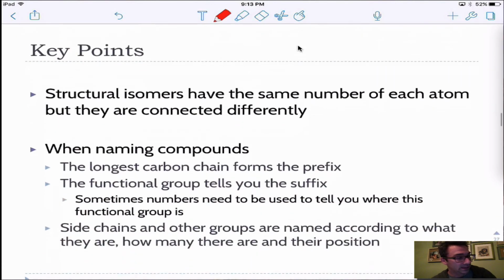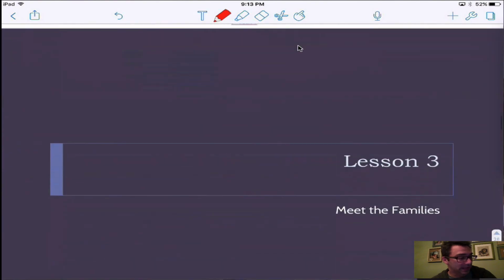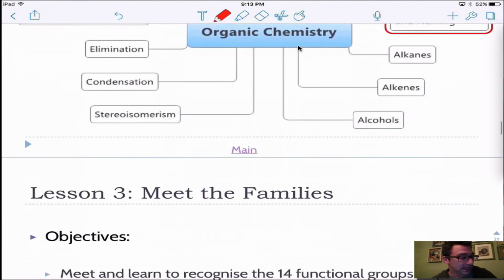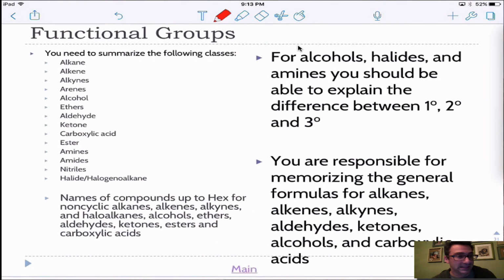Alright, so I'm going to stop the video here. I wanted to talk to you about functional groups, but I'm going to do that next time. Here's a summary of what you need to know for this. We will also do these functional groups that are in Lesson 3 next time, and you might want to get a head start on this.